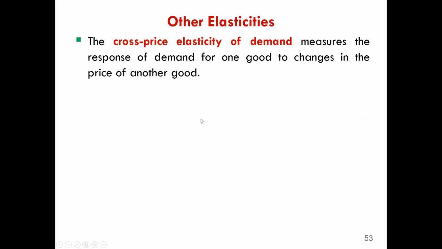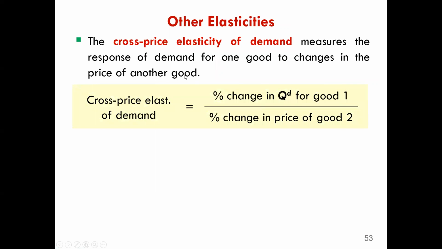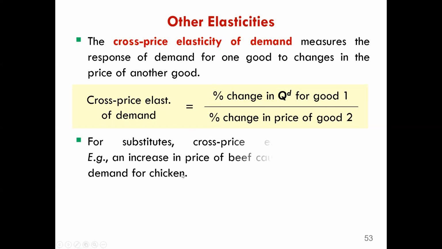So, for example, if the price of toothpaste increases, how would the quantity demanded of toothbrushes change? We compute the cross-price elasticity of demand or supply by dividing the percentage change in quantity demanded or supplied for good one by the percentage change in the price of the second good. So these are the things we need to note about this.